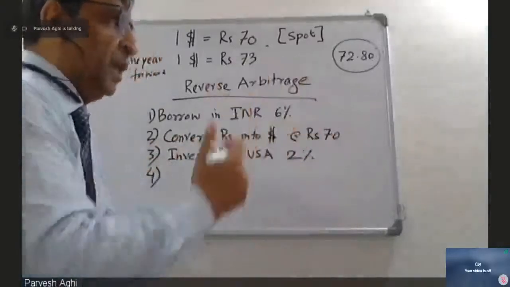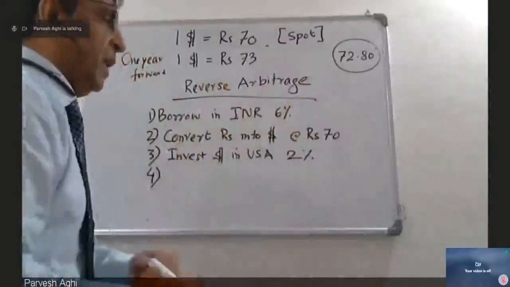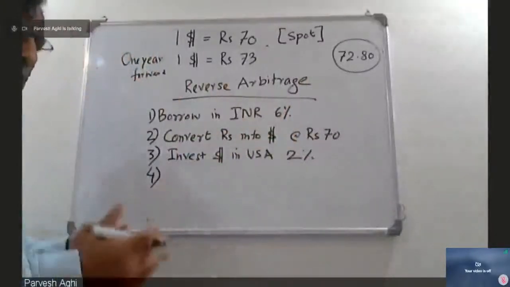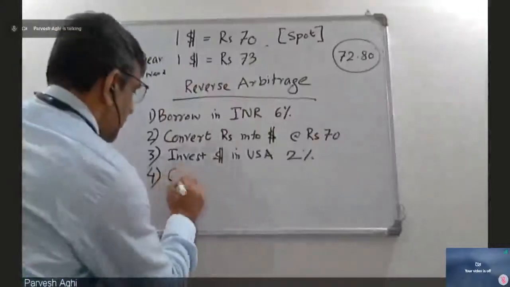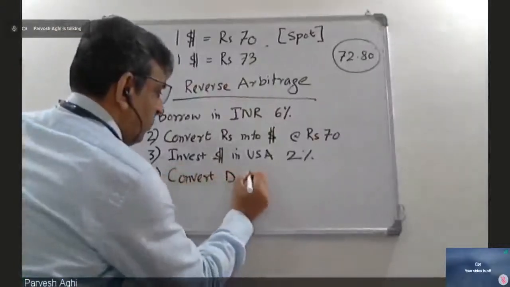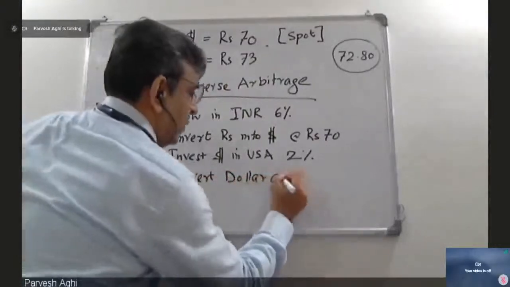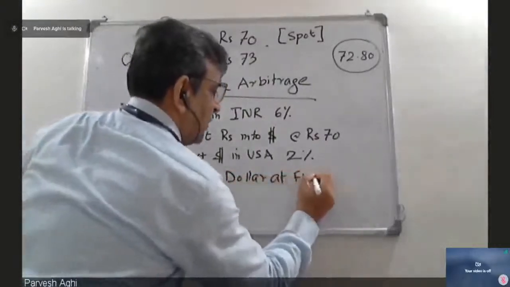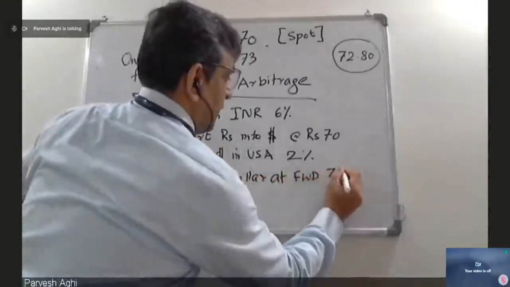So after 1 year, you have to bring the rupee back in India, so that you know how much you have gained or lost. So you convert your dollars at a forward exchange rate of 73.